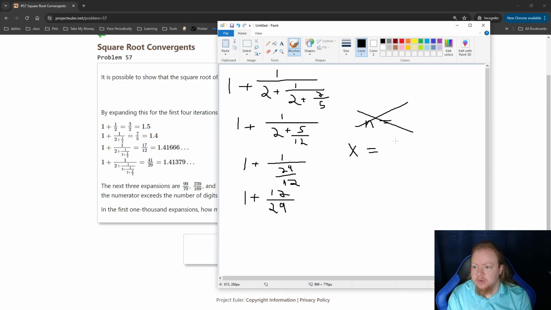Any x is equal to the numerator plus denominator for x minus 1, over the numerator plus the denominator plus the denominator for x minus 1.